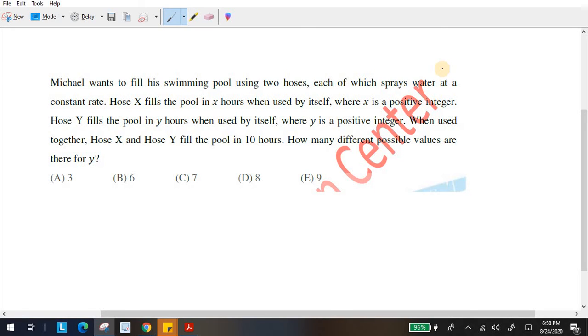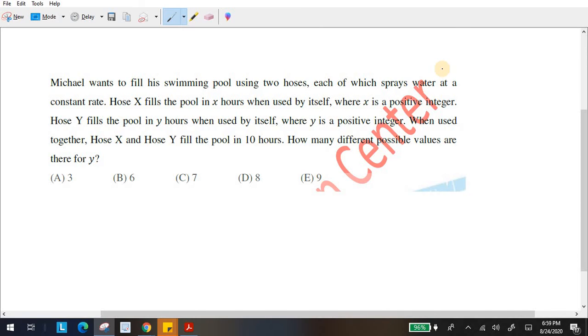Sounds good. Okay. So when we use X by itself, it takes X hours, and X is a positive integer. In 10 hours, obviously X is greater than 10, because when they're both working together, and we know they're positive integers, X is going to be greater than 10.